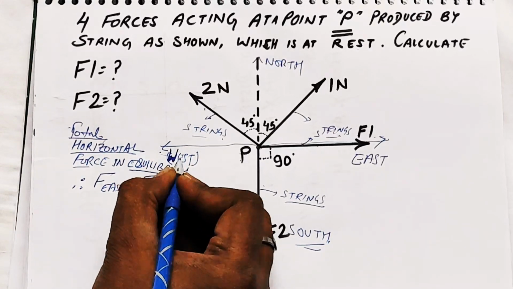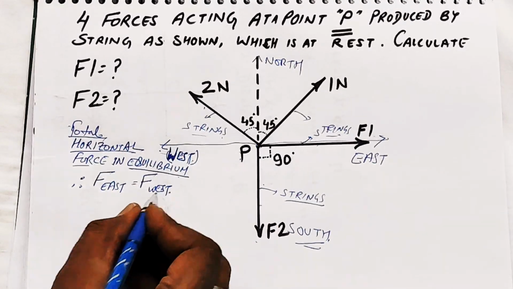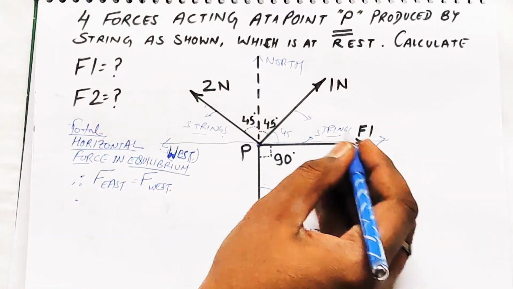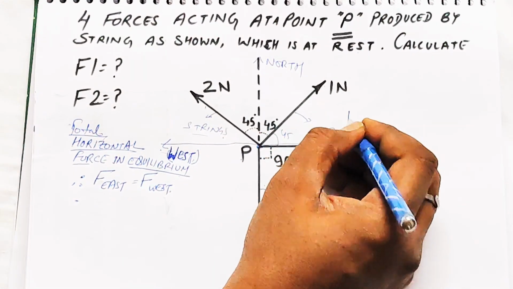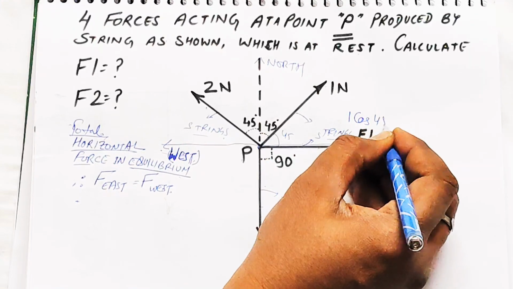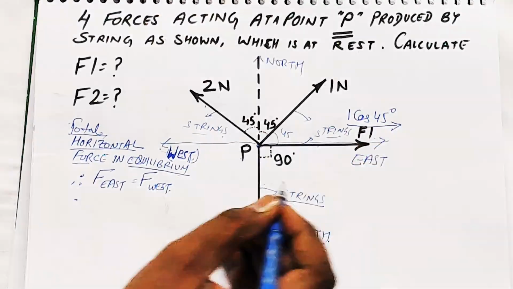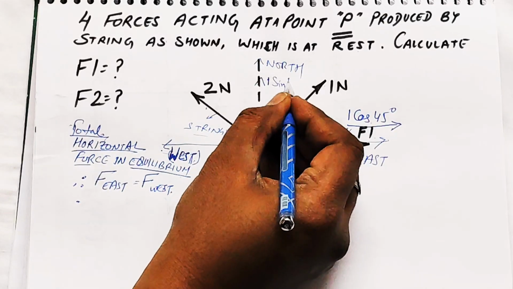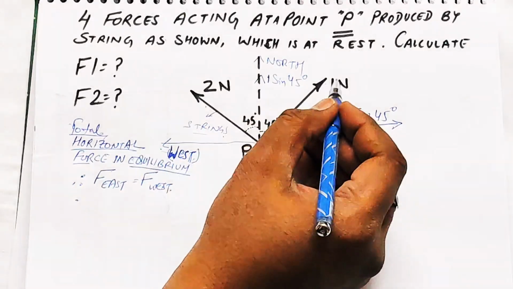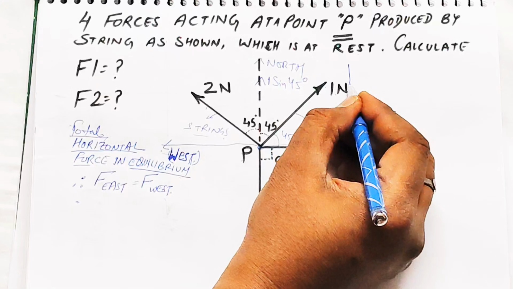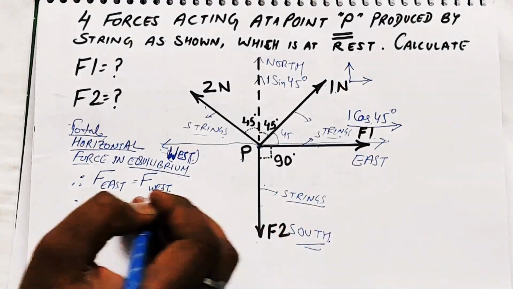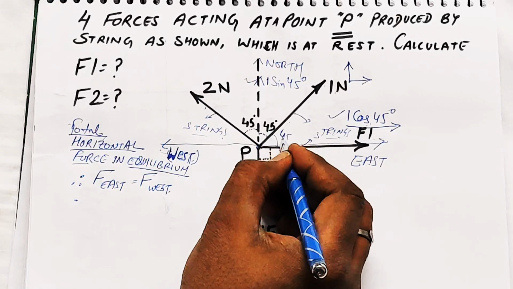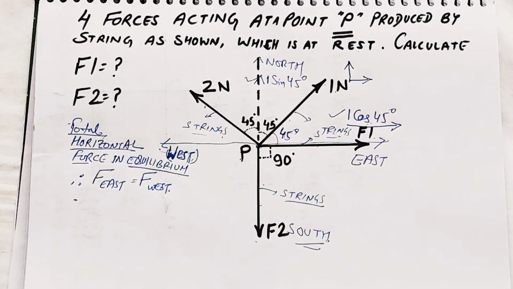So here we break the 1 Newton force and 2 Newton force into horizontal and vertical components. If the 1 Newton force is broken, then 1 cos 45 will be towards the positive x, or east, towards F1. Because the shown angle is 45, 1 Newton is making an angle of 45 degrees with the north direction, or plus y, so the remaining angle is 45.